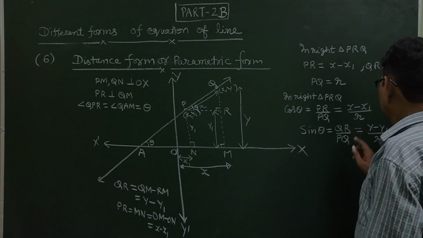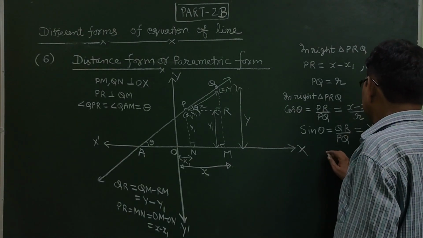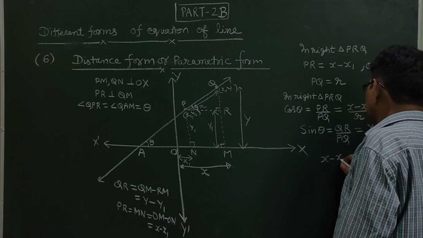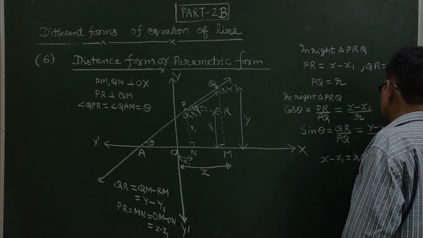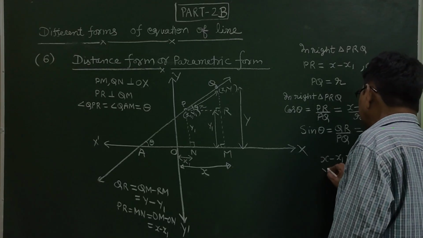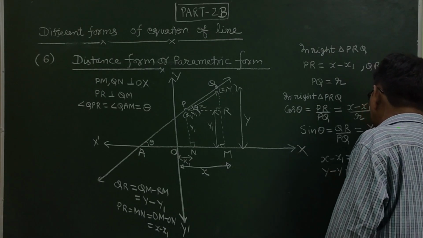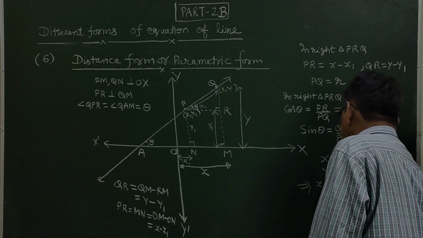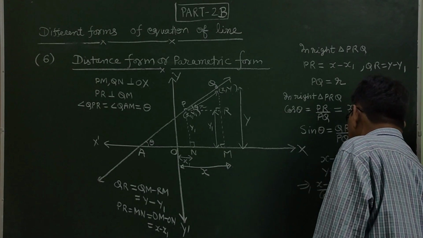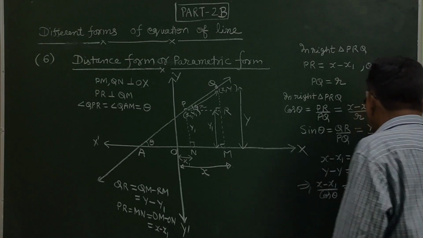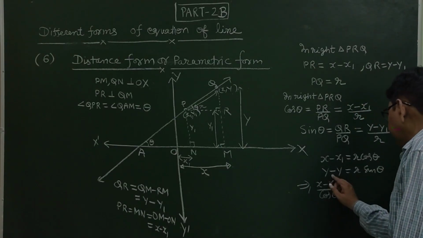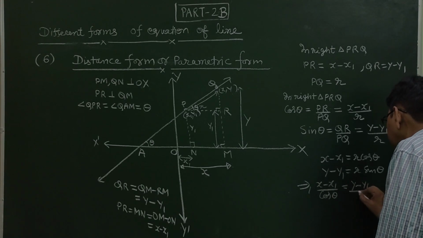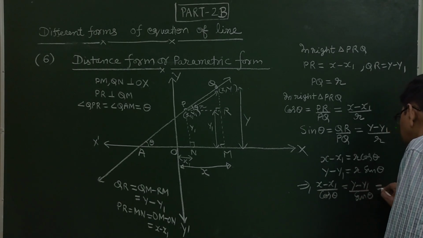Now we can write x minus x1 is equal to r cos theta, y minus y1 is equal to r sin theta, or we can say x minus x1 upon cos theta is equal to y minus y1 upon sin theta, and both these values are equal to r.